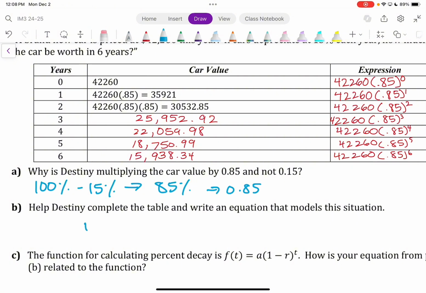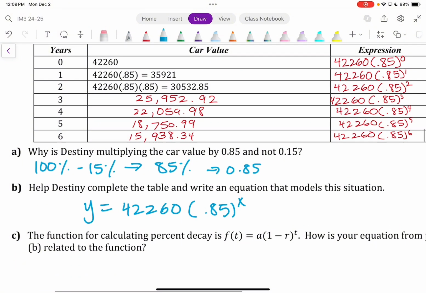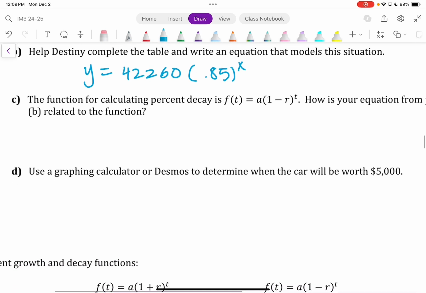We said the function would be y equals 42,260 times 0.85 to the x power, where x represents the year. The function for calculating percent decay is f of t equals a times 1 minus r to the t.